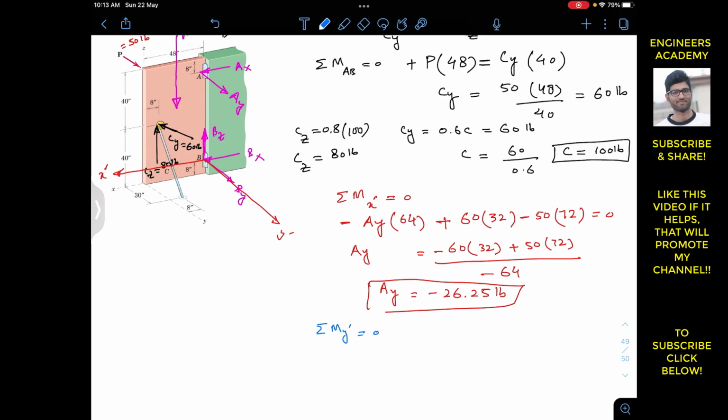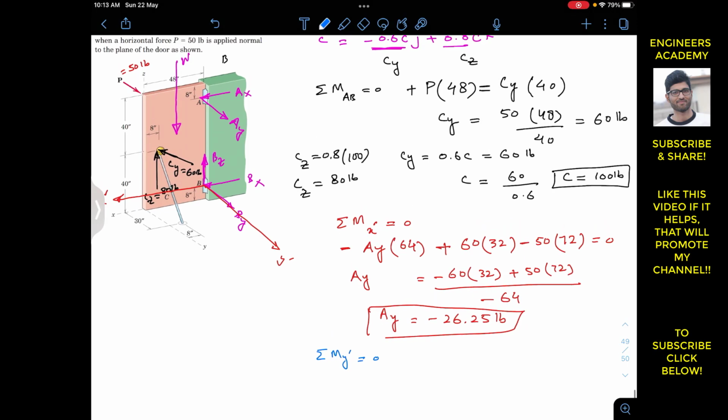They are not producing moment about the Y dash axis since they are parallel to it. So only the X component and the Z components are going to come into our equation. And since this Y dash axis is passing through point B, the reactions at B are not going to come into our equation as well.